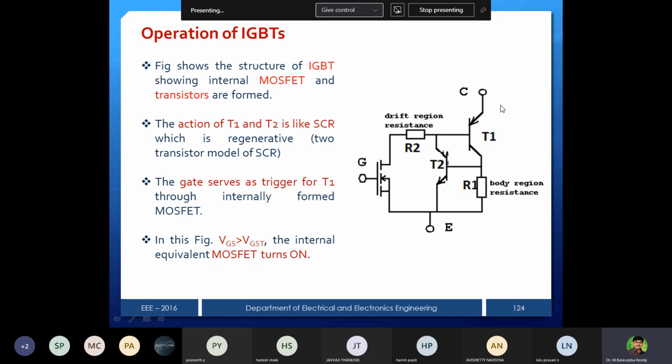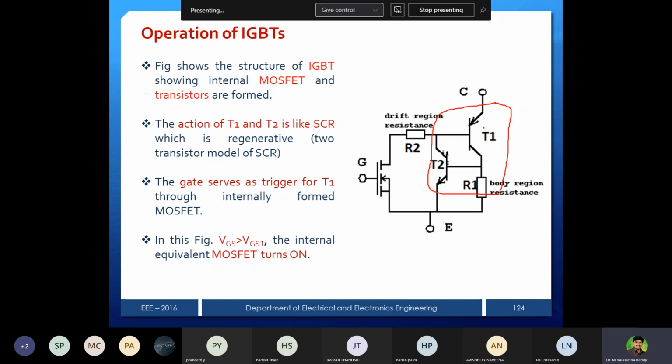Like that we arranged this side. And now there is an internal MOSFET, as well as the transistor, formed to get the IGBT. Now there is T1 and T2. This structure is nothing but an SCR structure. Up to this, the model is like an SCR model.